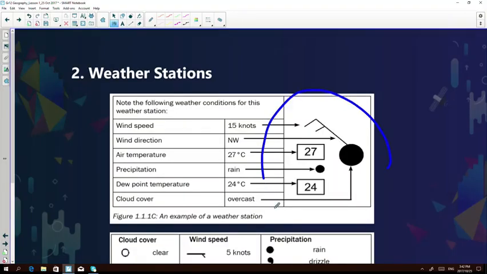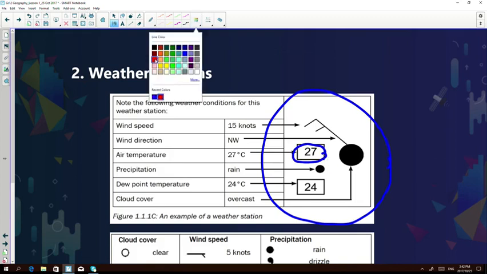We use weather station models. I bet you guys are definitely familiar with it. A weather station model is a small model looking like this, and it's got a set of information that helps us to describe the weather of the current day. For instance, the air temperature is 27 degrees Celsius.